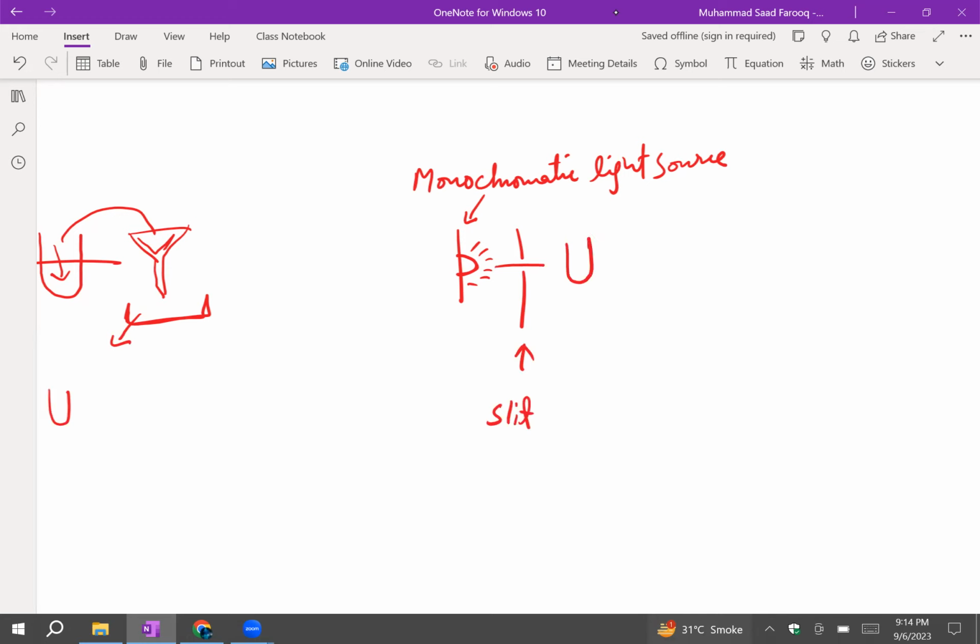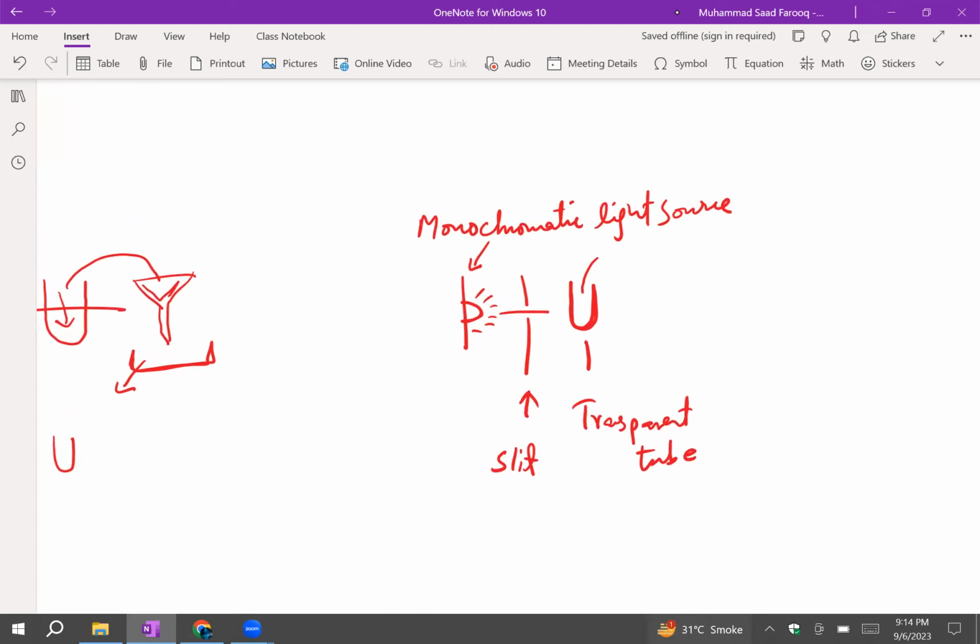And then we have a cuvette, a transparent tube in which we are putting in our sample. And then we have a sensor which is receiving light that is coming out of this tube.